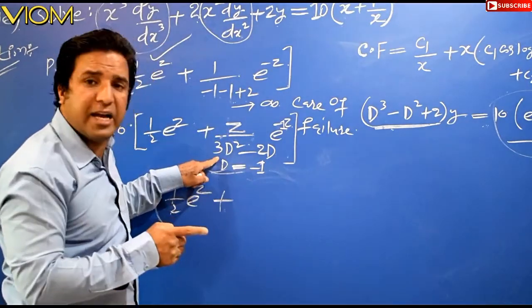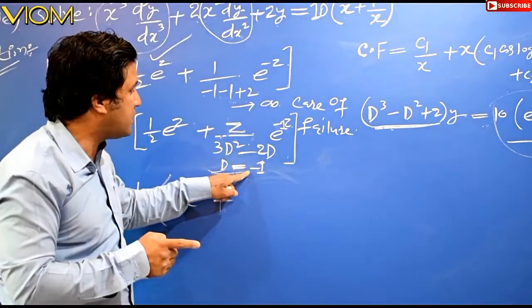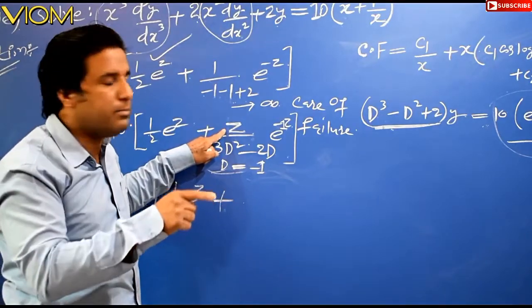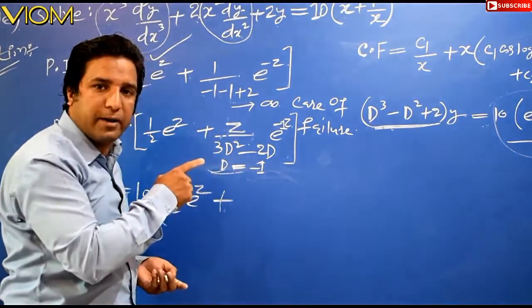When it fails again when I insert d is equal to minus 1, we insert z again. That means that z and this z become z square.